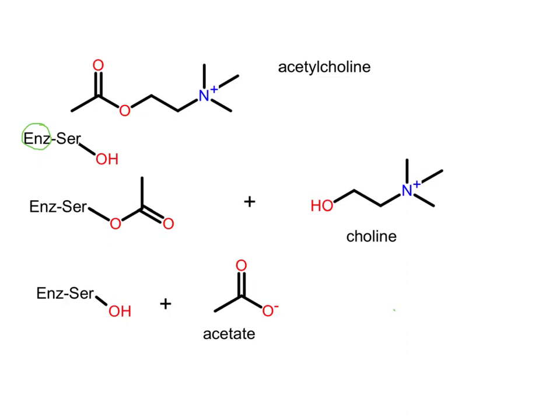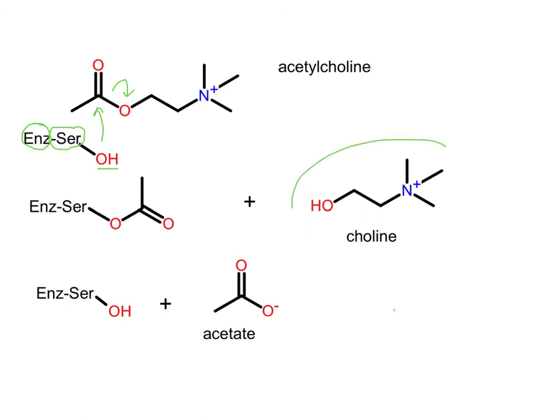Inside the enzyme's active site there is one particular amino acid called serine, and serine has an alcohol group, an OH group, as the key part of its side chain. And what happens once acetylcholine is in the enzyme's active site is that that OH group attacks the carbonyl group of acetylcholine, and the choline molecule breaks away.